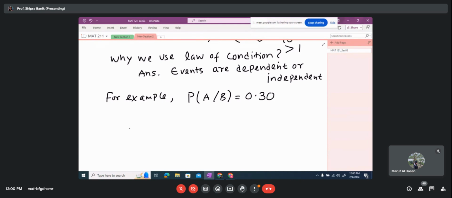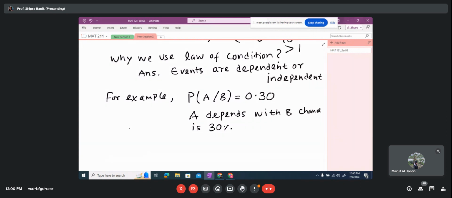I have one nice example, by this you will understand. What we are trying to say in a simple way is that A depends on B, and the chance is 30%. That means who is the dependent event?